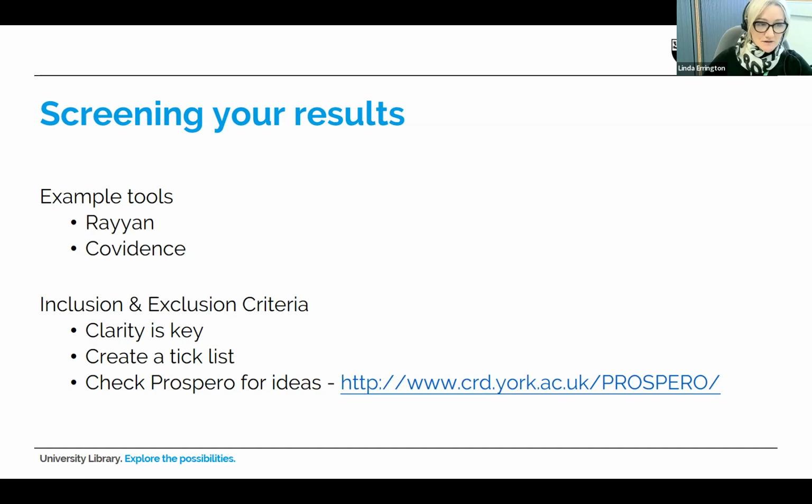Just going back to your inclusion and exclusion criteria, part of your protocol, when you come to screening your results, this inclusion and exclusion criteria is absolutely crucial. The clearer you are with the criteria, the easier it will be for you to screen the results, and you don't want your goalposts to move as you go through the screening process.